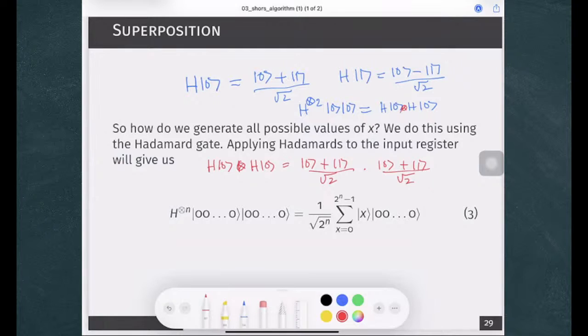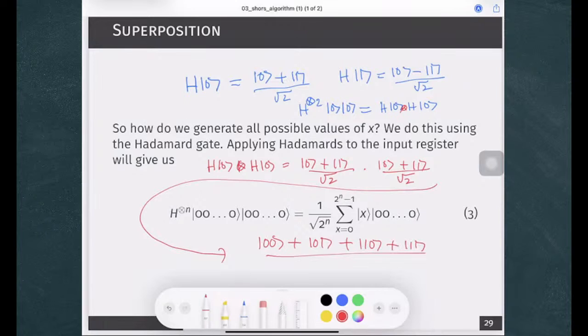If you expand this, you get something like 00 plus 01 plus 10 plus 11 over 2, because square root of 2 times square root of 2 is equal to 2.